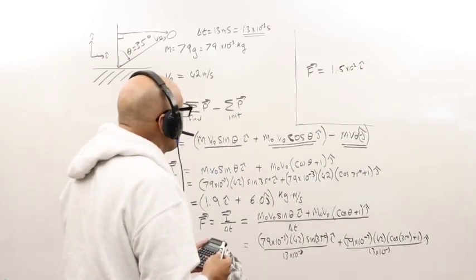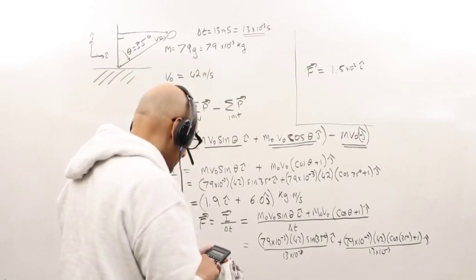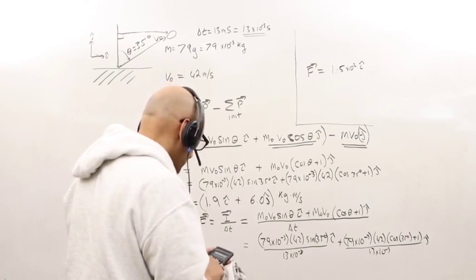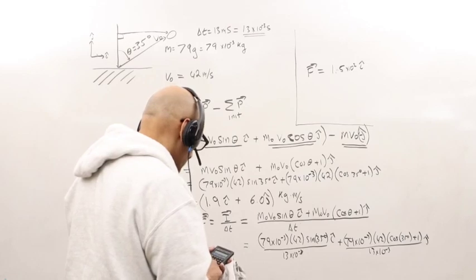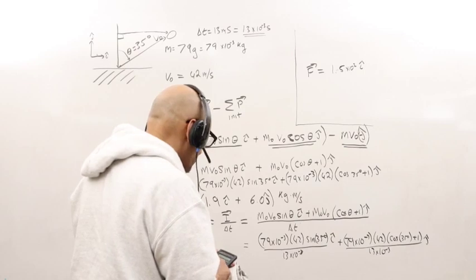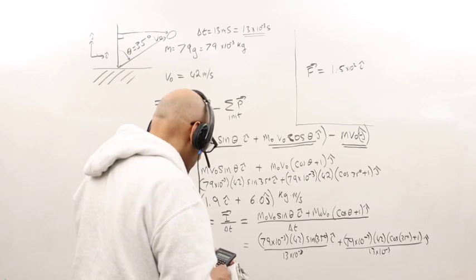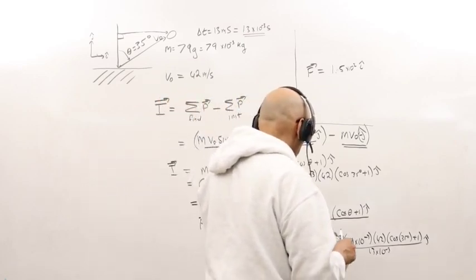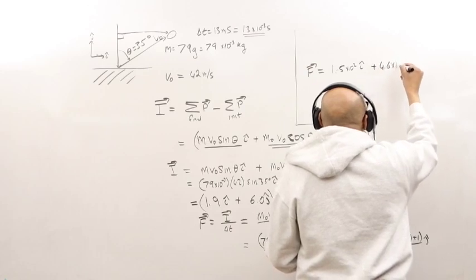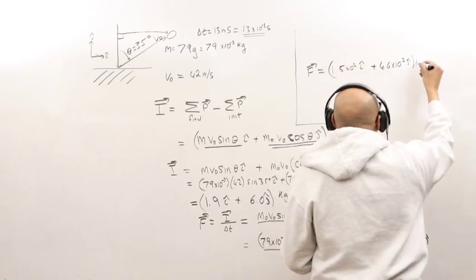And 79 times 10 to the minus 3 multiplied by 42 multiplied by parentheses cosine 35 plus 1 close parentheses divided by 13 times 10 to the minus 3 gives 464, which is 4.6 times 10 squared j hat. Force is in newtons.